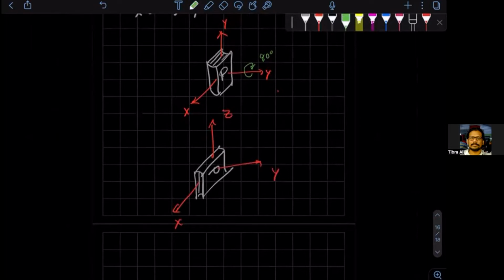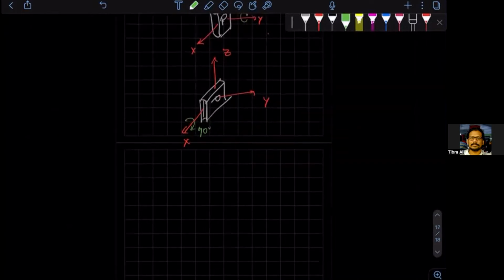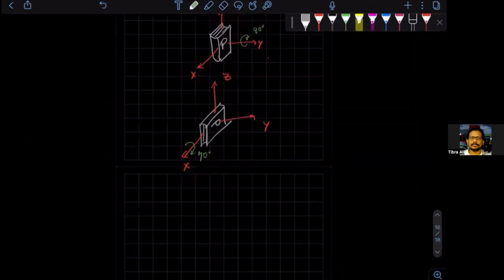And then do a rotation, the same rotation as before, but around the x-axis. And if I do this, then the book goes to that configuration.